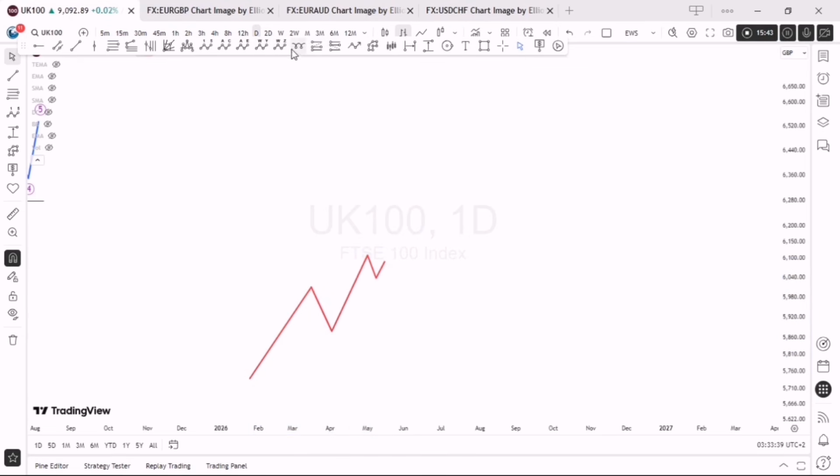So what will happen is you will see something like this. You will see this move here sometimes being shorter than wave 1. You want to be concerned right away. The moment you have wave 3 being shorter than wave 1, you want to be concerned.